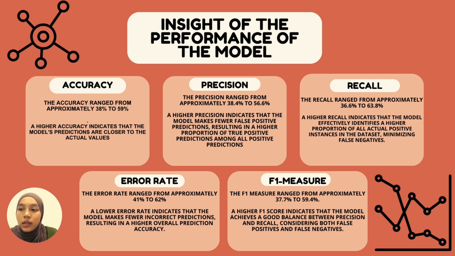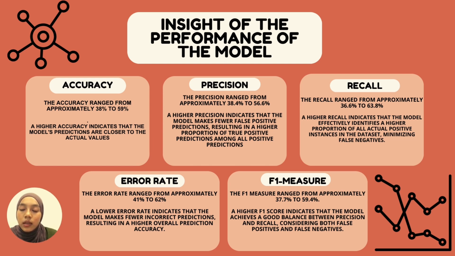For recall, the range is approximately 36.6% to 33.8%. A higher recall indicates that the model effectively identifies a higher proportion of all actual positive instances in the dataset, minimizing false negatives. And the error rate ranged from approximately 41% to 62%.